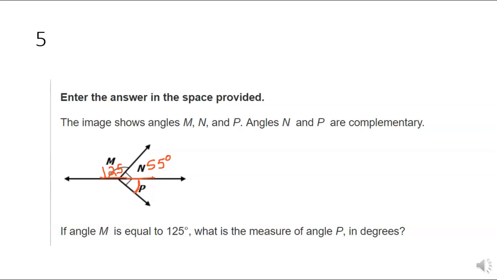Now that I know angle N is 55 degrees, I can use these complementary angles. Angles N and P are complementary, so they add up to 90. So now I can just do 90 minus 55, and that gives me 35 degrees for angle P.